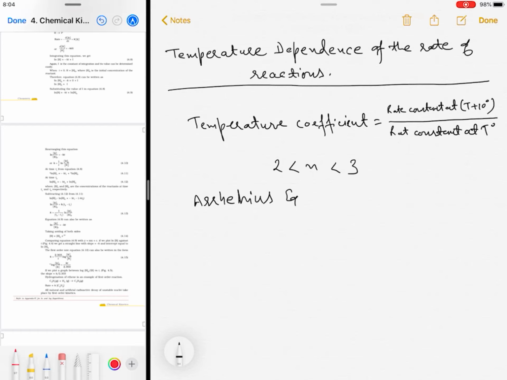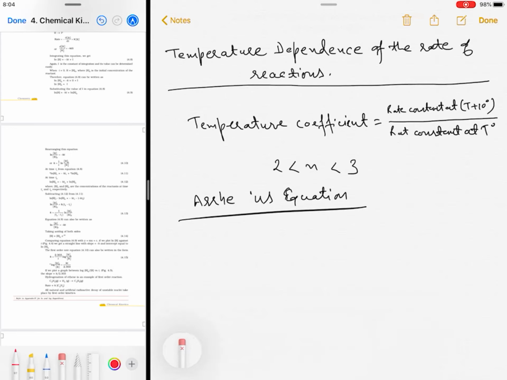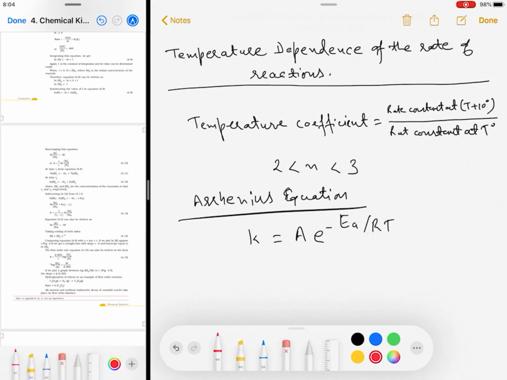So in the Arrhenius equation, the rate constant k is equal to A e to the power minus Ea upon RT. Here is the meaning of the different terms.